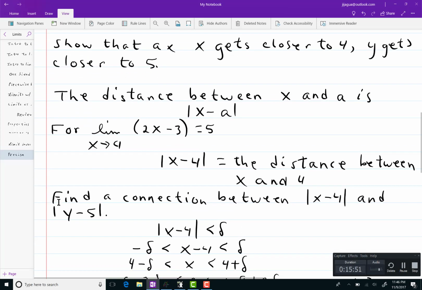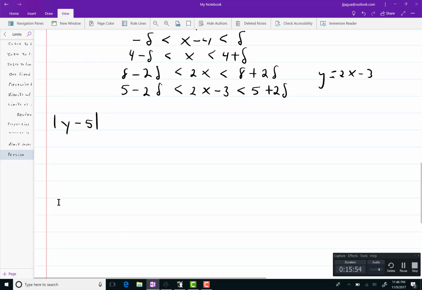So what I'm saying here is that the distance between y and 5 is less than epsilon. Here, 2x minus 3 is y. So let me write that again: 5 minus 2 delta is less than y, which is less than 5 plus 2 delta.